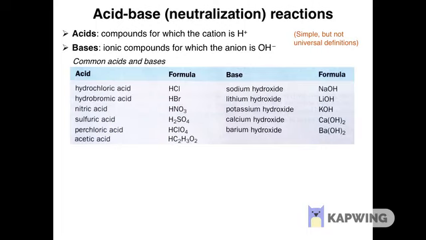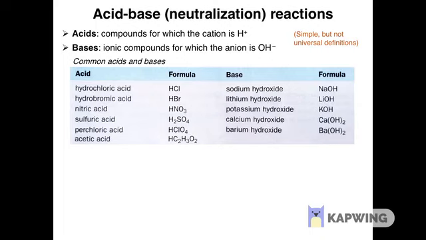As you can see, per the definitions that we used, all of the bases contain the hydroxide anion, OH-. The cations vary. Mostly they are metal cations like K+, Na+, Ca2+, Ba2+. Although bases can also have polyatomic cations.